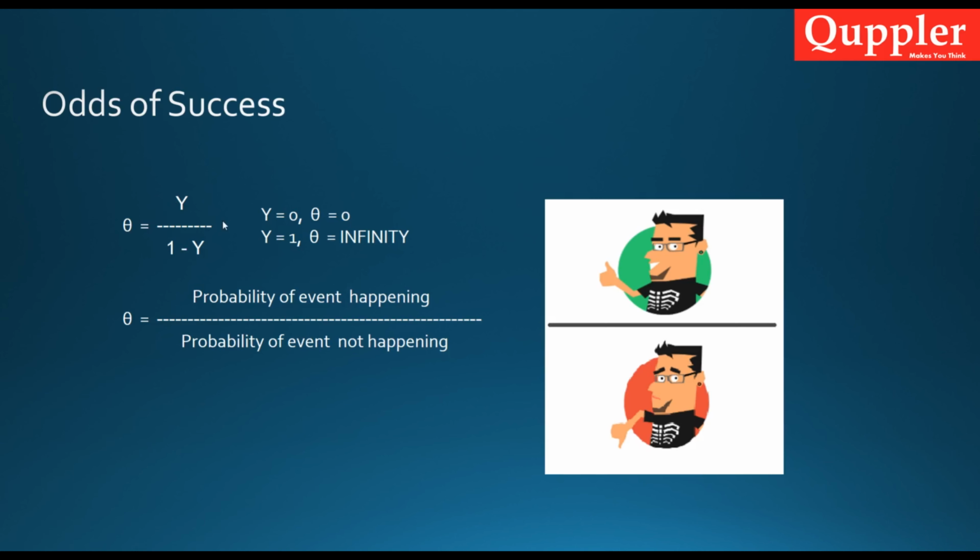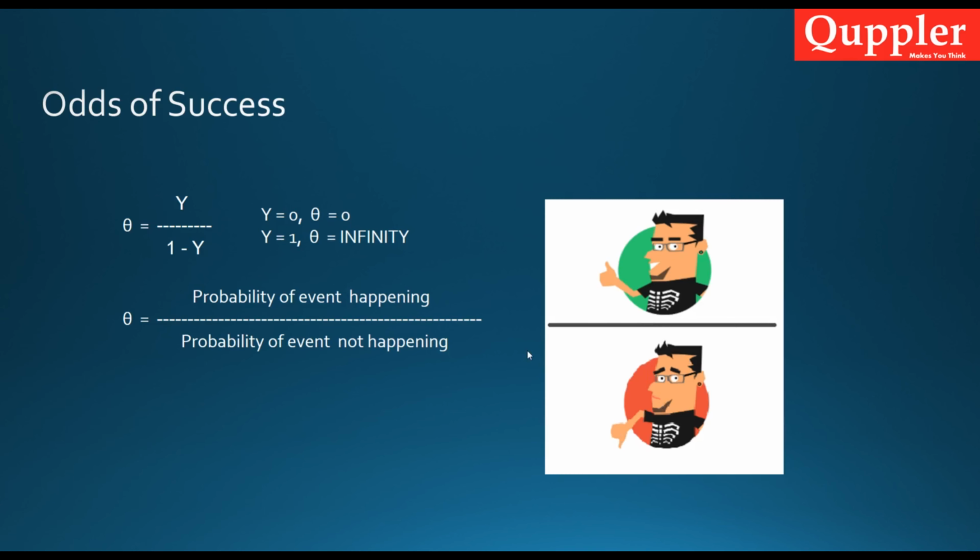Let's say for the given value, if the probability y is 0, then the odds of success would be 0. If the probability is 1, then it is 1 by 1 minus 1, so 1 by 0, which would always be infinity. So the odds of success is the probability of the thing happening by the probability of the thing not happening.